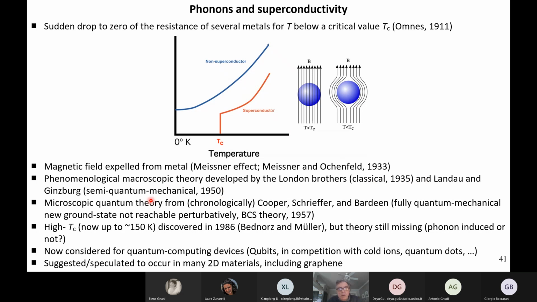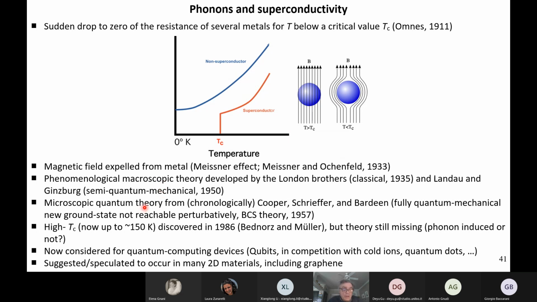There was a semi-quantum mechanical theory by Landau and Ginzburg in 1950. Semi, meaning they assume that there is a collective quantum state that obeys some generalized Schrödinger equation and see what the consequences are in a superconducting state. But the nature and origin of this collective quantum state was not obvious.